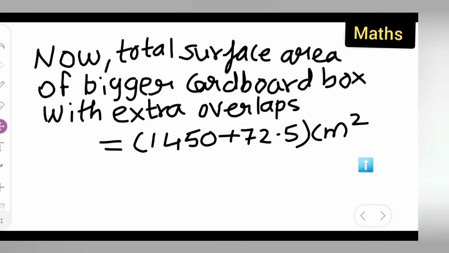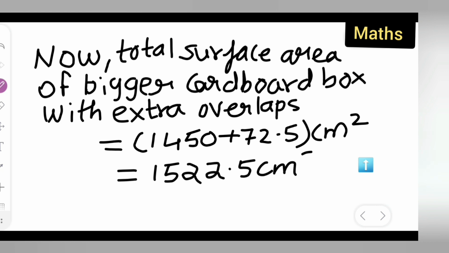If we add this, what answer we are going to get? If you all don't know the addition, you all can comment below. I will provide you the link of the addition. So 1522.5 centimeter square.